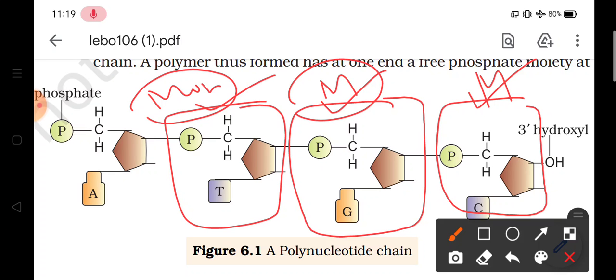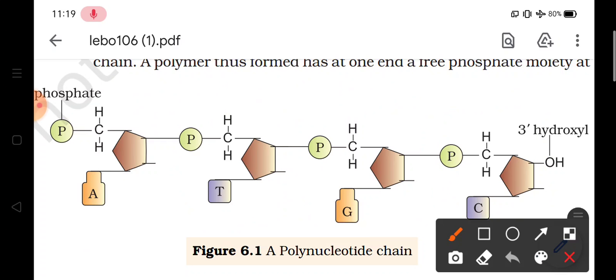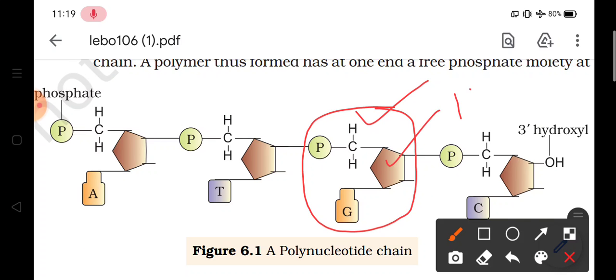So we will study the structure of a nucleotide, that a nucleotide consists of 3 components. This is the first component, we can say it is a pentose sugar. As we are able to see here in the structure, it is pentagonal in shape, and it is a sugar, so it is called pentose sugar.